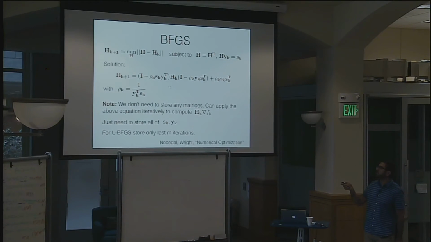So you don't calculate the Hessian, you just apply this equation over and over again until you get to H0, and H0 is usually chosen to be the identity matrix. So the take-home message is H is never stored, only the previous iterations are stored, and using that, you're still able to calculate an approximation of inverse Hessian applied to your gradient.